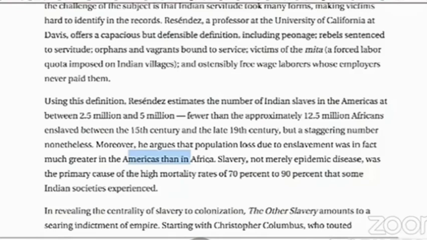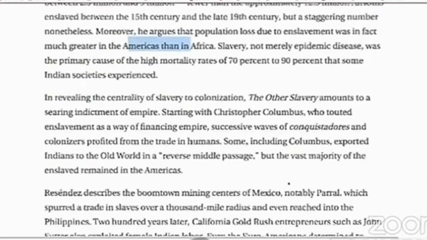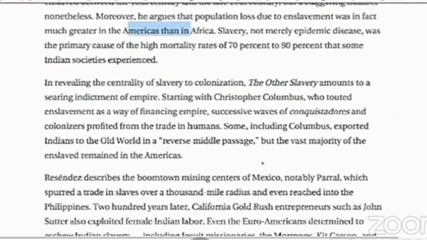Slavery, not merely epidemic disease, was the primary cause of the high mortality rates of 70% to 90% that some Indian societies experienced. In revealing the centrality of slavery to colonization, the other slavery amounts to a searing indictment of empire, starting with Christopher Columbus, who touted enslavement as a way of financing empire.